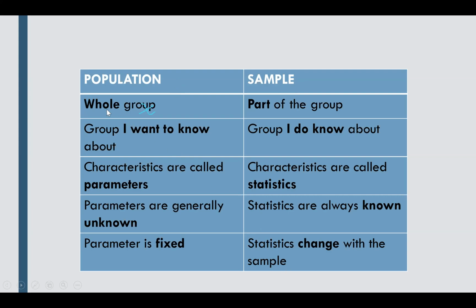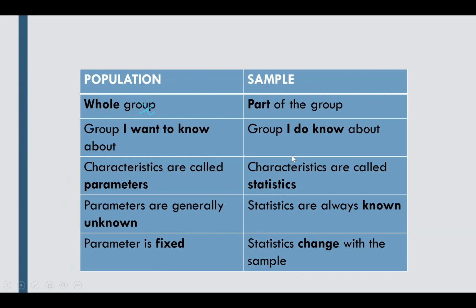The population is the whole group, and it's the one that I really want to know about, but would be very challenged to get information from every single person in the group. The characteristics are called parameters. They're typically unknown and they're fixed because this group remains fixed or the same.